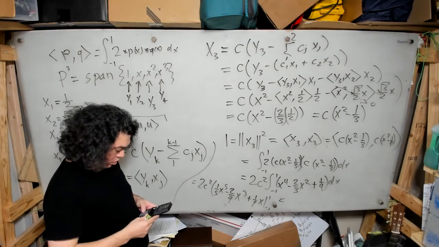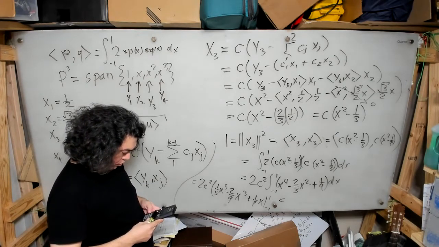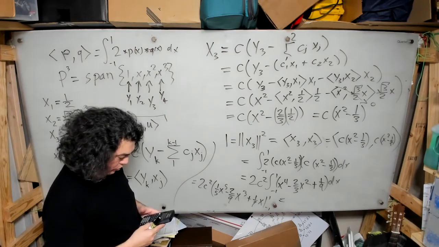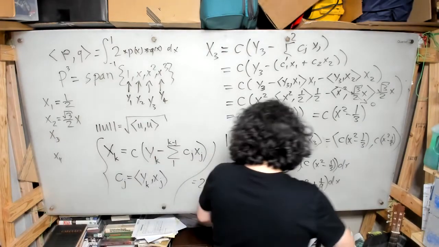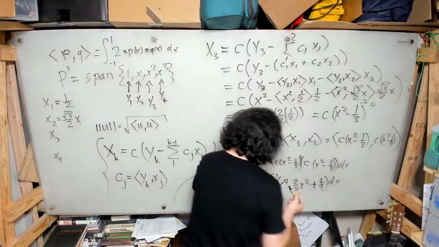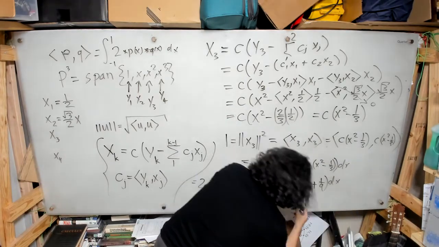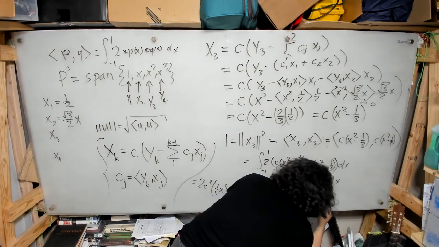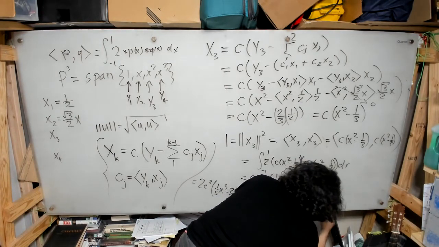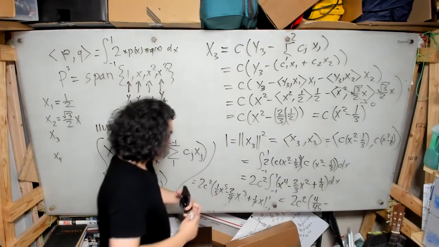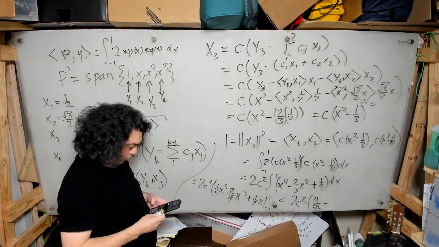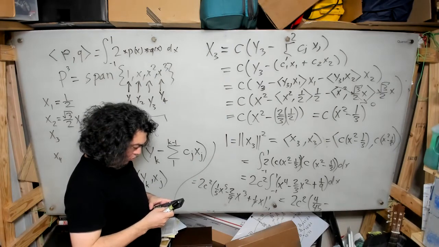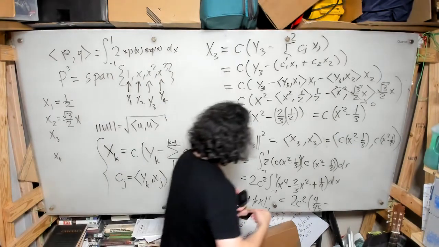So I'm going to first plug in 1. So I get 2c squared times (4 over 45 minus, okay, negative 4 over 45).